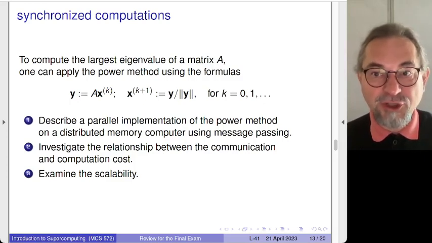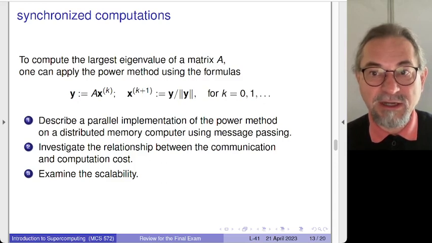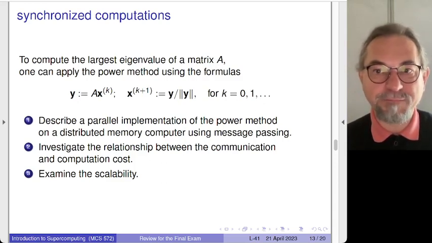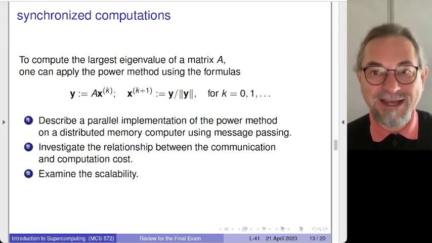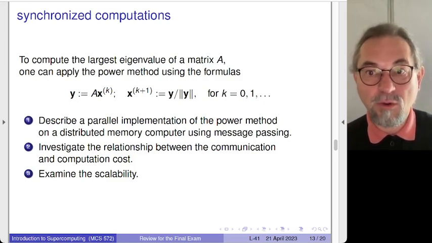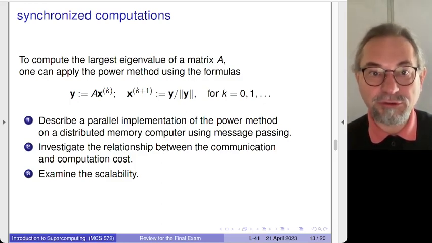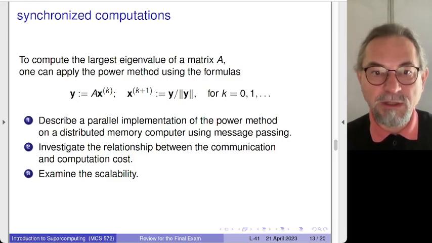You have the communication cost, which is linear times the logarithm of the number of processors with the butterfly barrier. So for the scalability, you have the n squared computation cost and the n of the communication cost. Computation over communication.